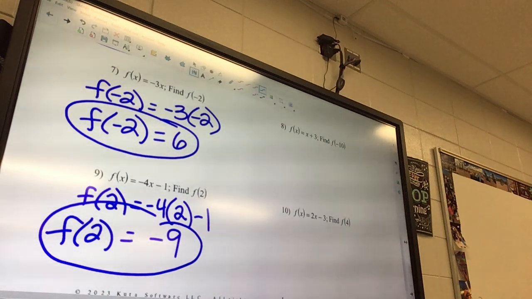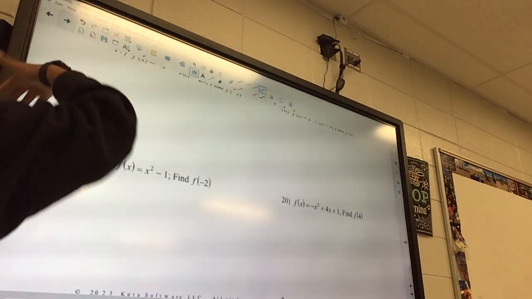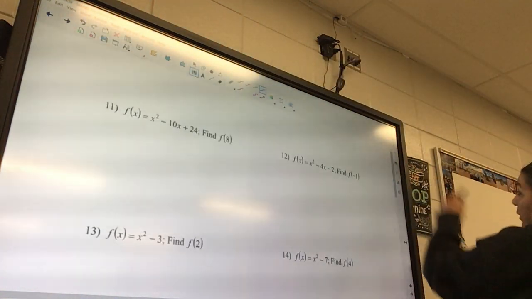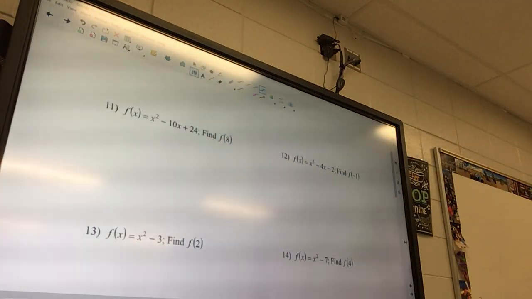Okay, flip the page. On the front was all linear, meaning there are no exponents. On the back it is 100% the same, but there are multiple x's going on. It does not change the steps or the process, you just need to put more onto the calculator. If we look at 11, find f of 8.